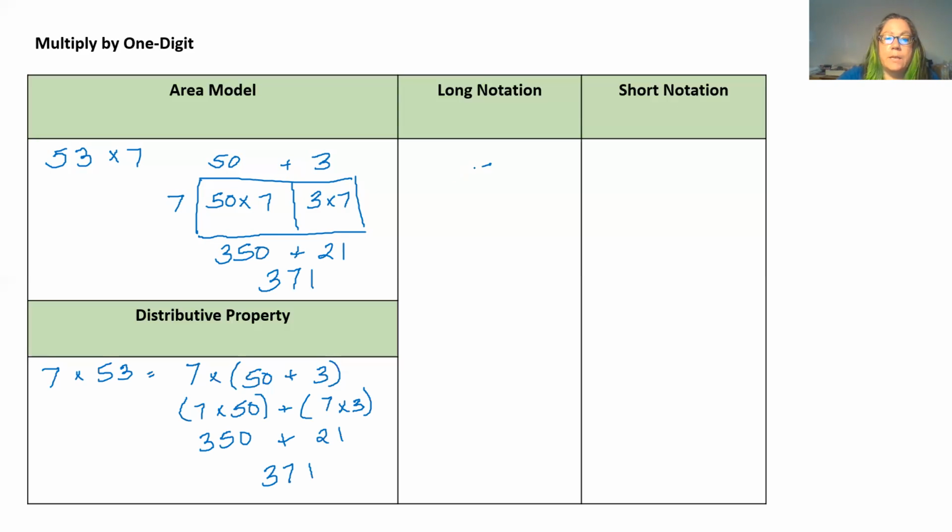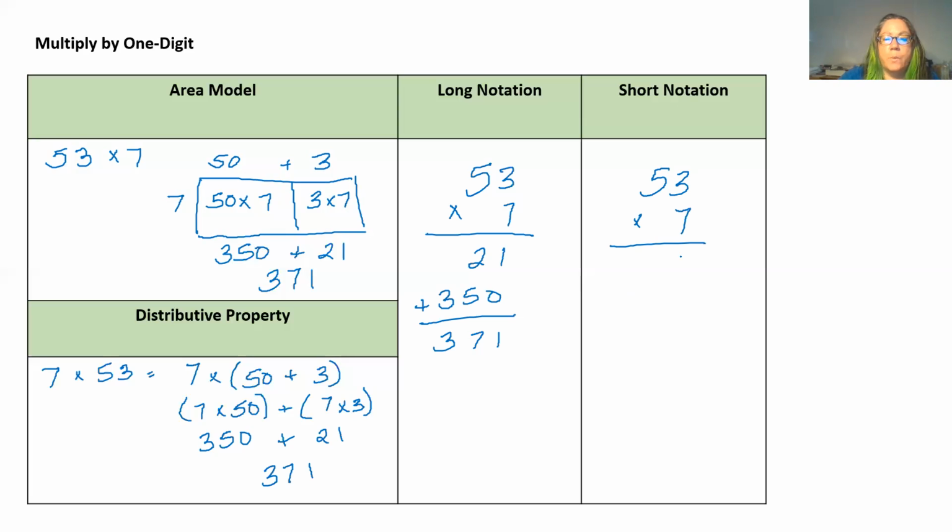All right, long notation. 53 times 7. 7 times 3 is 21. 7 times 50, not 550, is 350. When I add, I get 371. And short notation, 7 times 3 is 21.